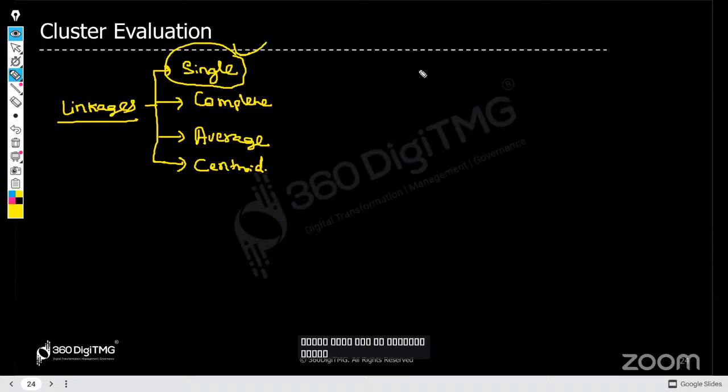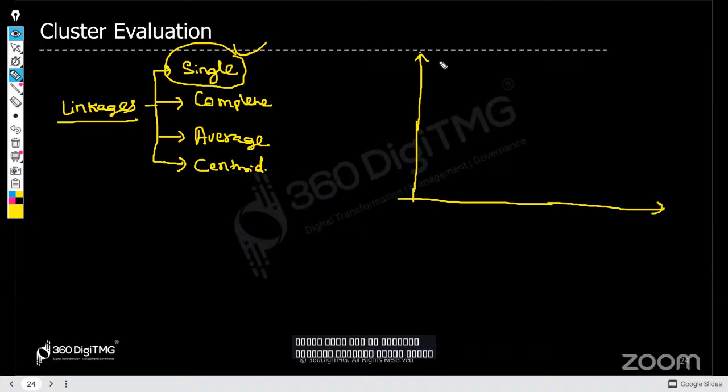In single linkage, imagine that we have two clusters of data points. This is my first cluster. This is my second cluster.